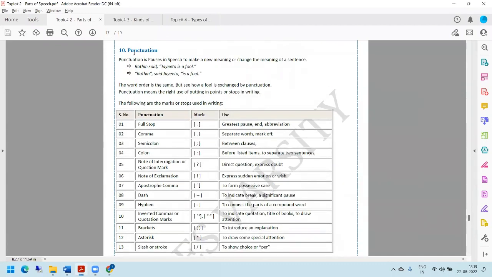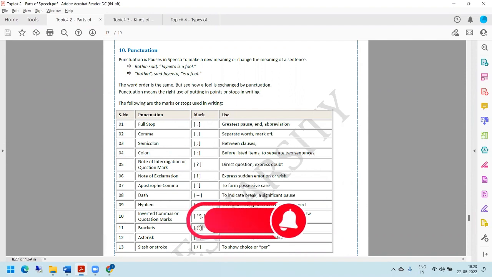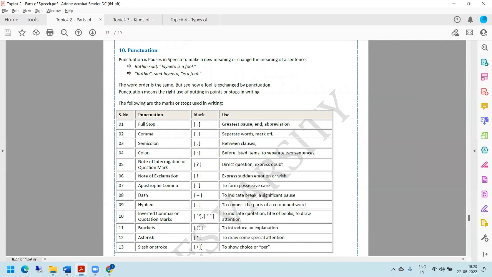Punctuation or symbols. What is punctuation? Like full stop, comma, semicolon, colon, question mark, exclamation sign, apostrophe, dash, hyphen, inverted commas, brackets, asterisk, slash or stroke.